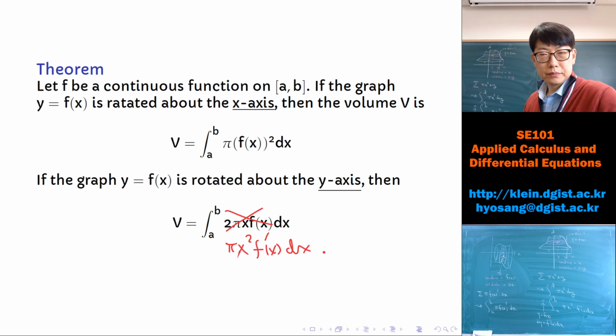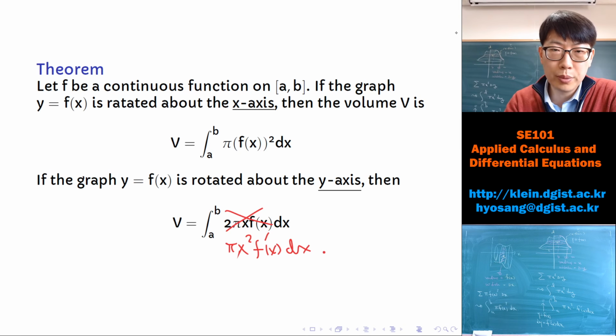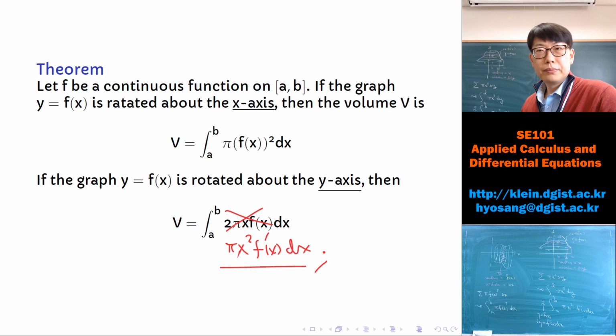Okay, where did this come from? 2 pi x, 2 pi x f of x. I don't know where it came from. Okay, so this is the right formula, right?